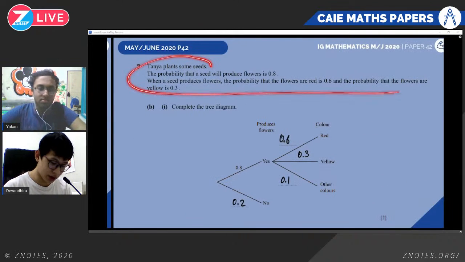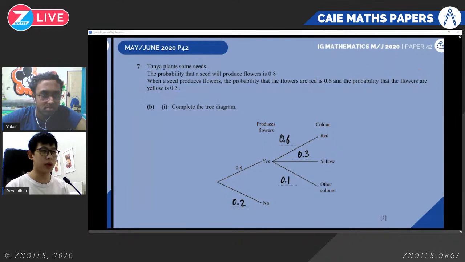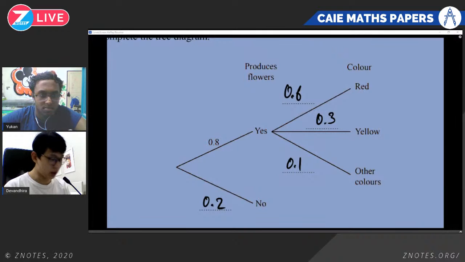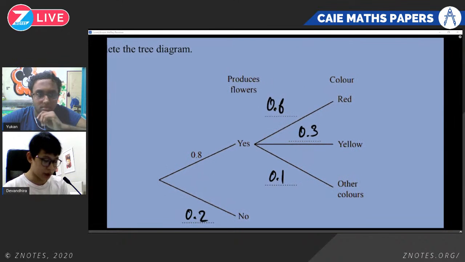So it's just the same question, and we just have to complete the tree diagram. So right here, the probability that it produces flowers is 0.8. That means if it doesn't, it's just 1 minus 0.8, which is just 0.2, correct? Mm-hmm. Now, if it produces flowers, the probability that it becomes red is 0.6.